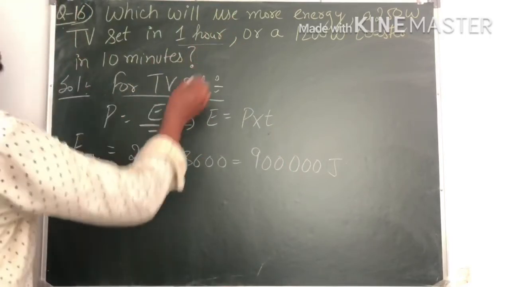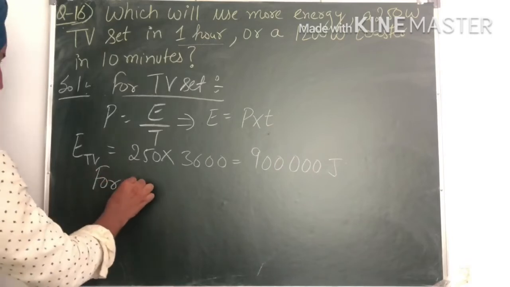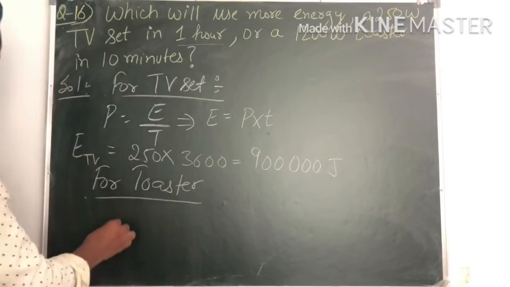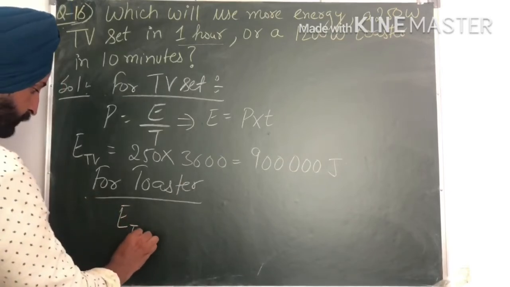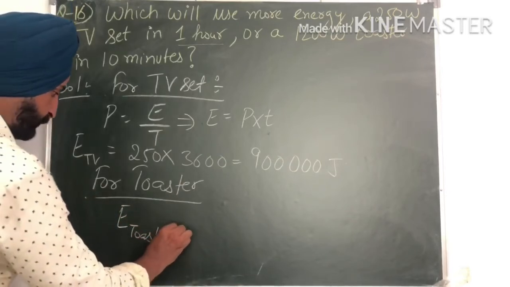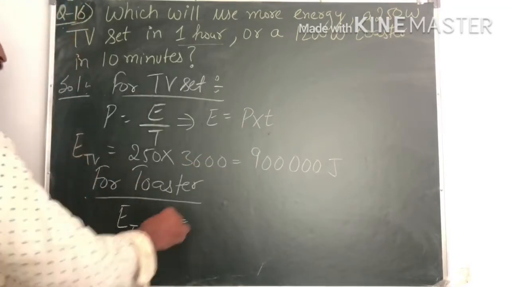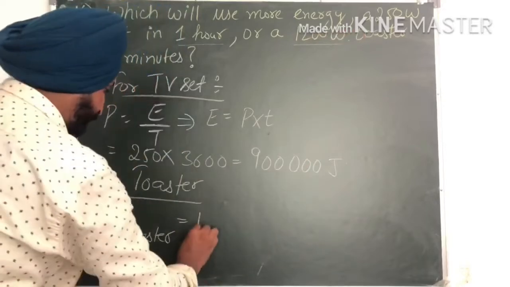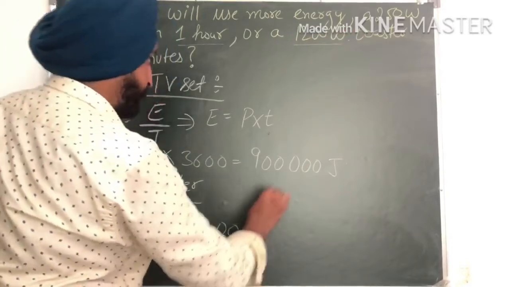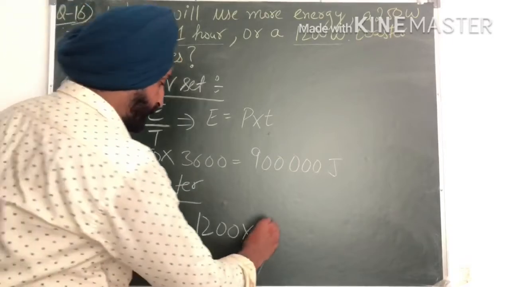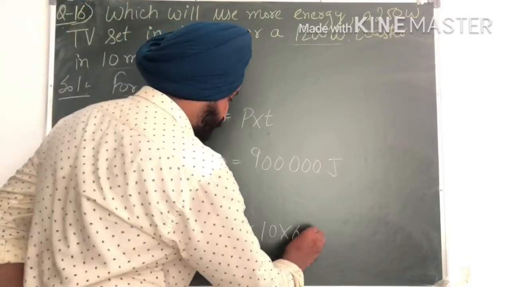Now coming to the toaster. For the toaster, again we will be applying the same formula. So energy for the toaster will be equal to power for the toaster into time. Power of the toaster is 1200. Time is 10 minutes. So to convert 10 minutes into seconds, I would be writing 10 into 60.